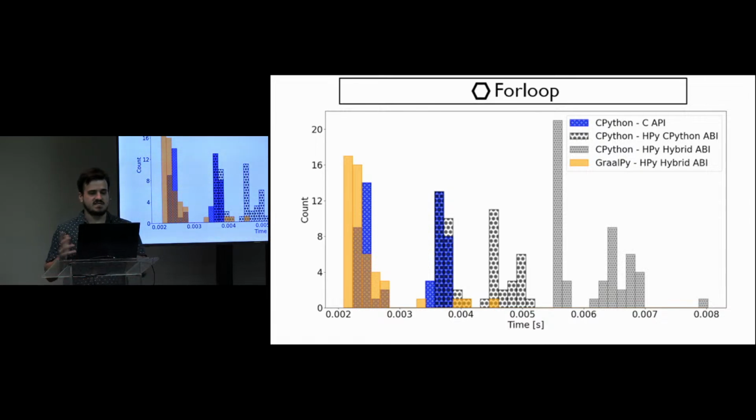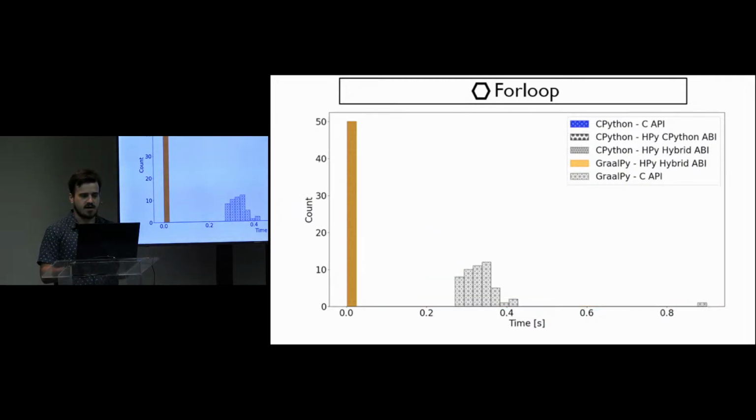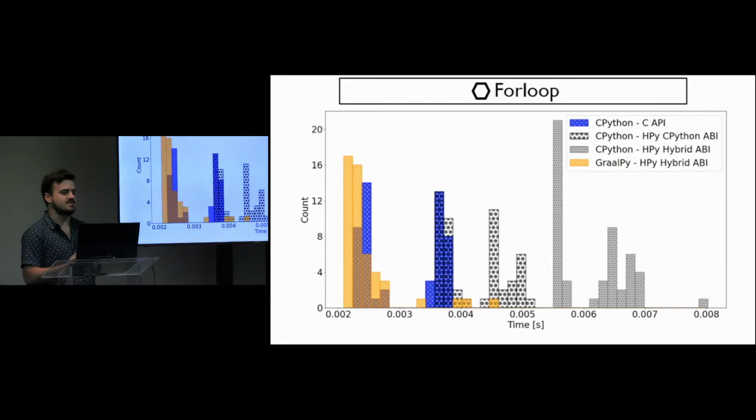Because, again, this is the thing to beat. CPython on the C API is incredibly efficient, and when you include the optimization Python does, it's quite nice that we managed to beat this. Also, if you check, this is a peak here of around 2 milliseconds, and if you go back, this is around 0.3 seconds. So that's an increase of about 150 times.